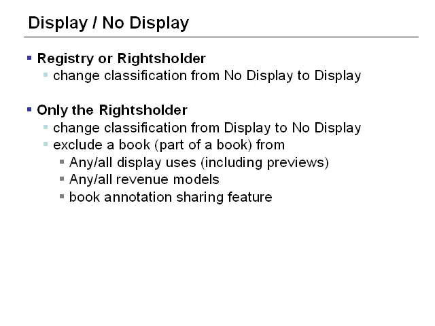Regardless of the initial classification, an individual rights holder or the registry can change a book's classification, thus affecting the rights and permissions associated with that book. Either the registry or an individual rights holder can change the classification of a book from no display to display, but only the rights holder can change the classification in the other direction, or exclude a book or part of a book from some or all of the display uses, some or all of the revenue models, or the book annotation sharing feature.